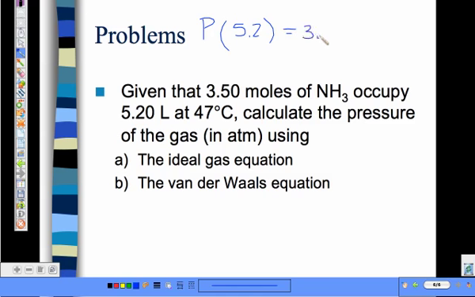Moles, 3.5. R is 0.0821. And our temperature in Kelvin, 320.